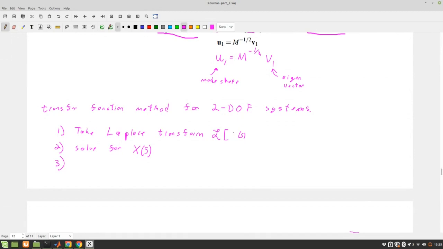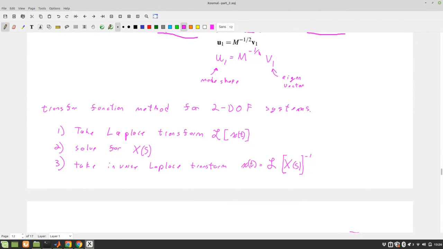Little x, x of t. Solve for x of s and then take the inverse Laplace transform. And that is x of t is equal to the inverse Laplace of x of s.